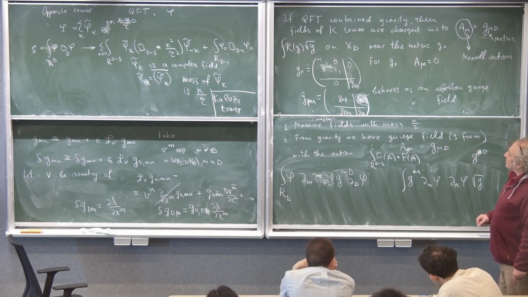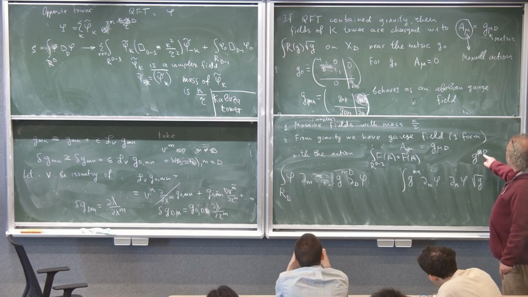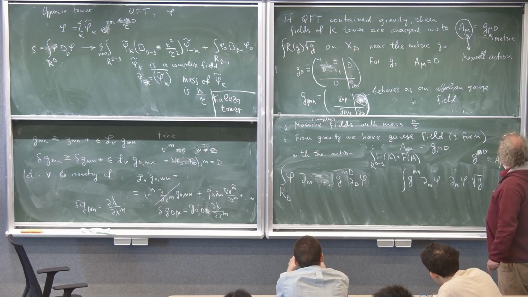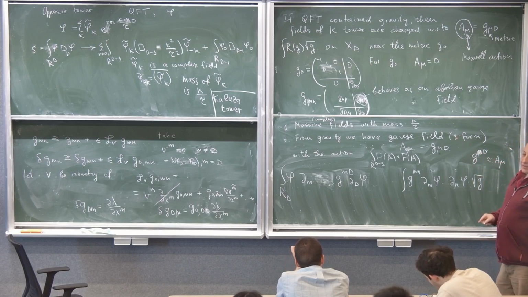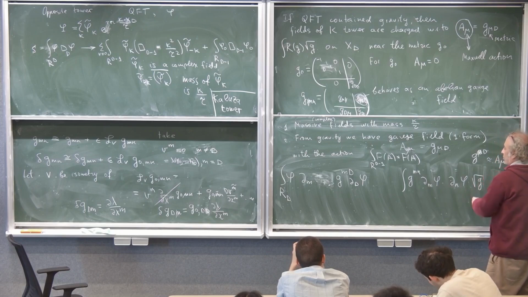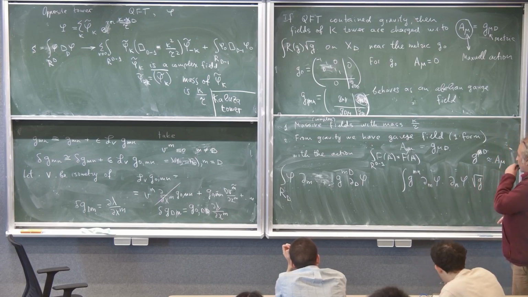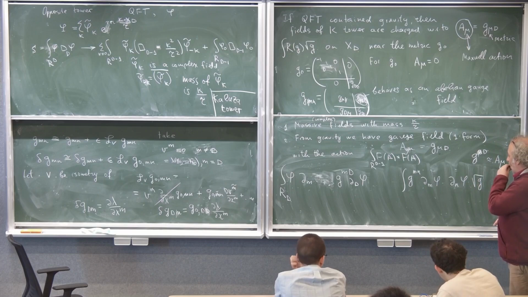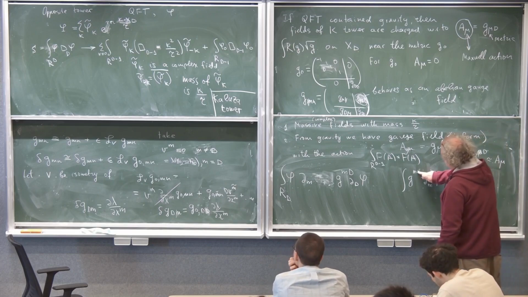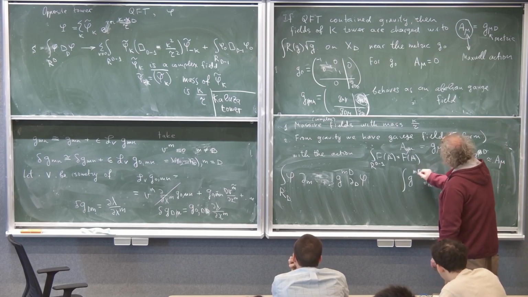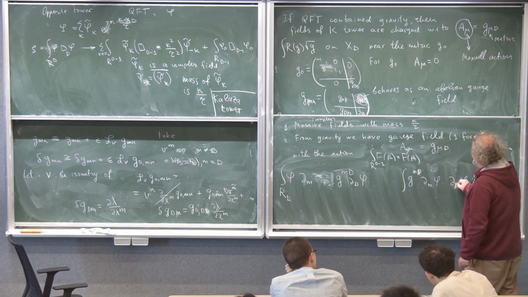Because you may easily see that g mu d is approximately the same as A mu, because the matrix g naught is diagonal. So if you write it in this form, you put n equal to d.